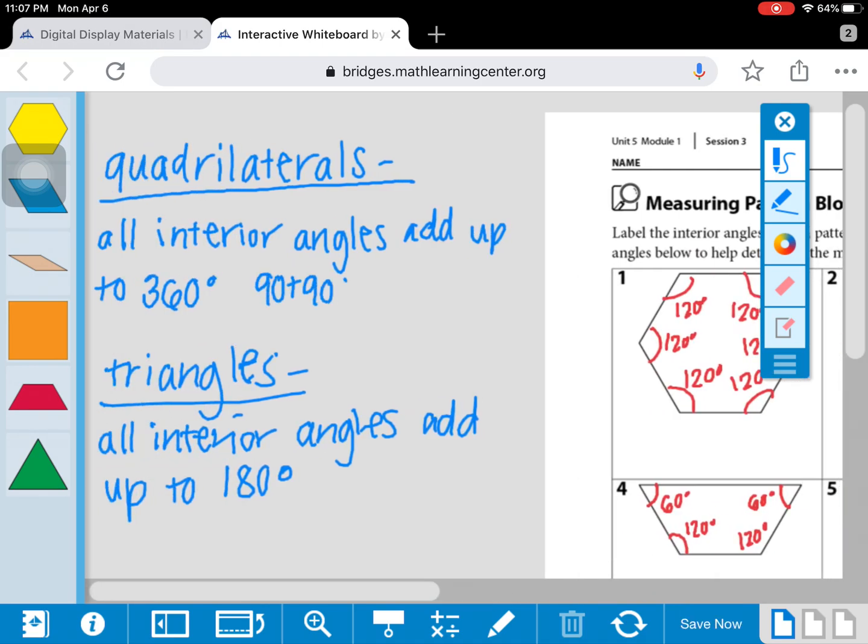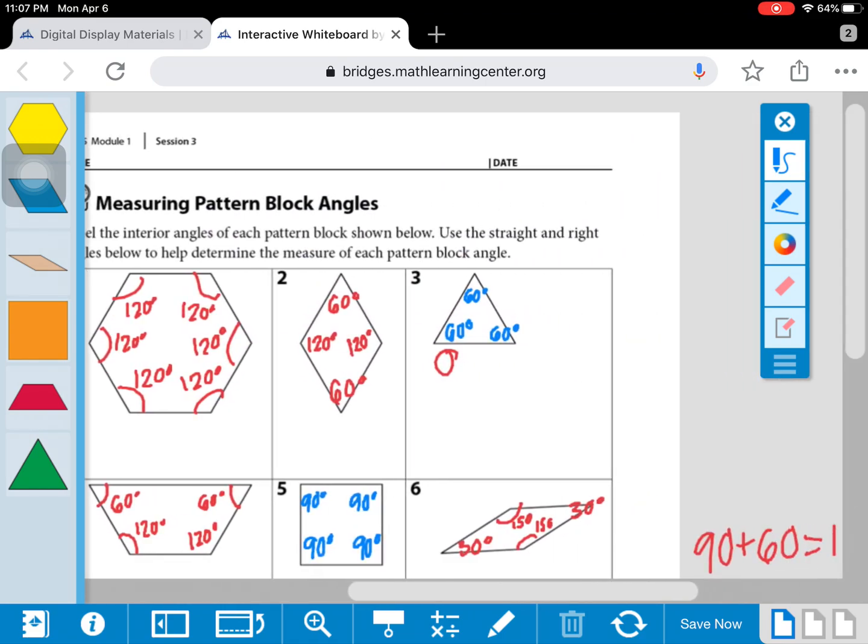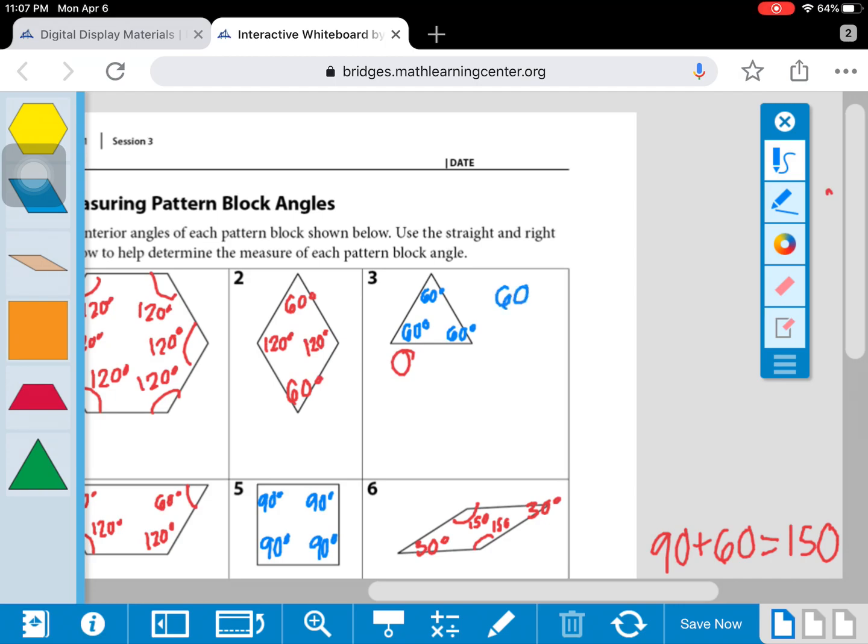I have 180, 180. 180 plus 180 is 360. And if I come over here for the triangle, 60 plus 60 plus 60 should equal 180 degrees.